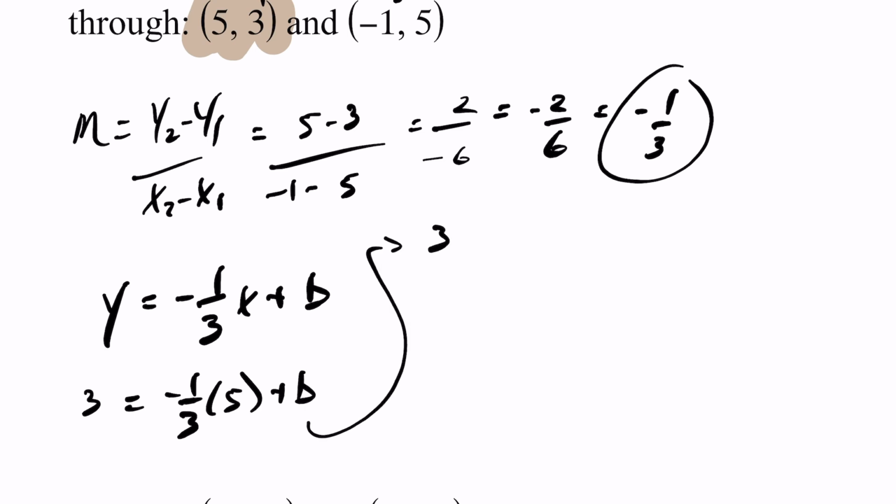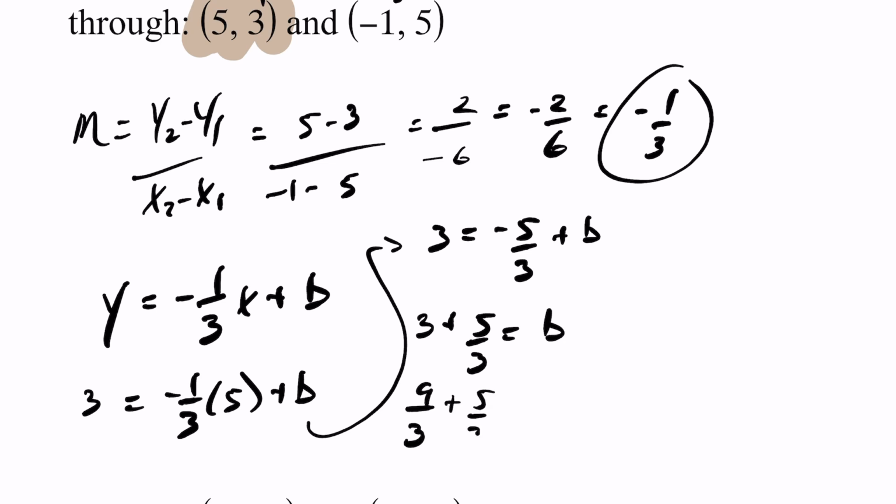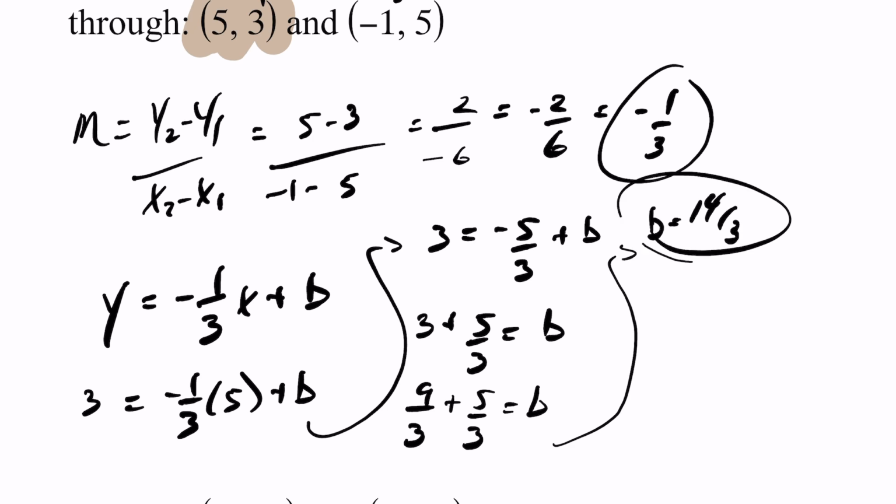So this becomes 3 equals -5/3 plus b. Bring that to one side here, and now get my common denominator. Add this together. My b value is 14 over 3. So the equation is y equals -1/3 x plus 14 over 3.